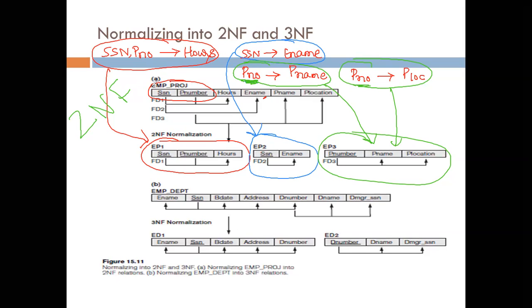Because if we have only one attribute as a primary key, then all of them will depend on it, fully functionally dependent. So it is obviously in 2NF and we need not process it, we'll just move on to the third normal form. So this is about the second normal form.